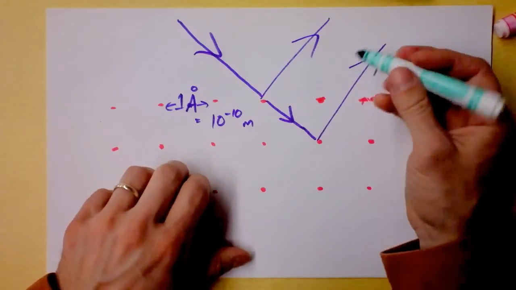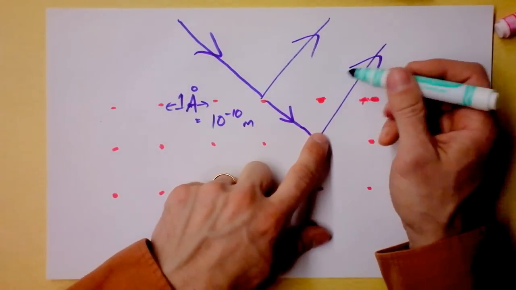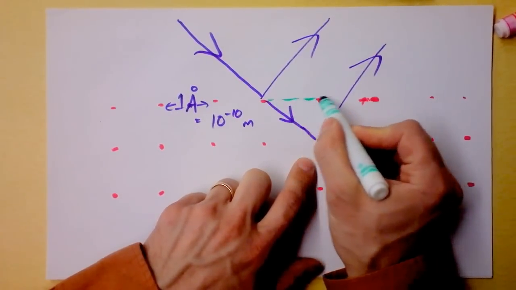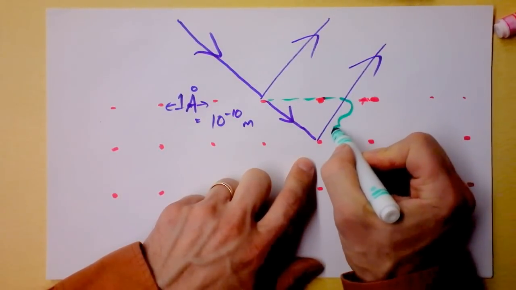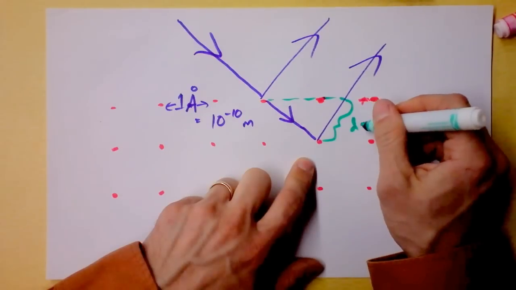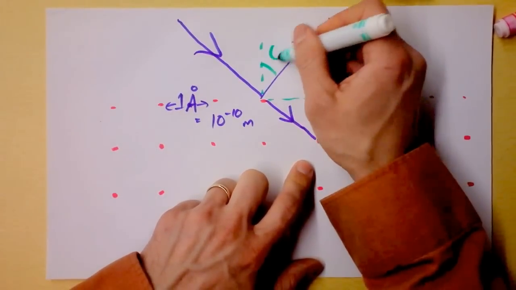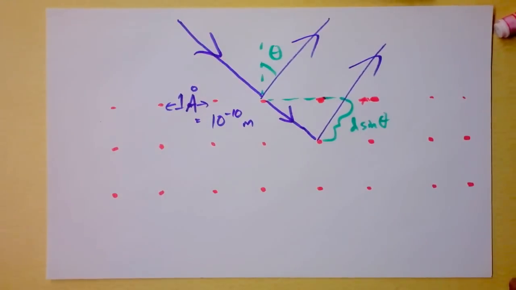Let's figure out how much the path length differs between these two. The path length is different by this amount right here. That's probably going to be d times the sine of theta, where I define some angle here to be theta. Oh my gosh. This looks exactly like diffraction.